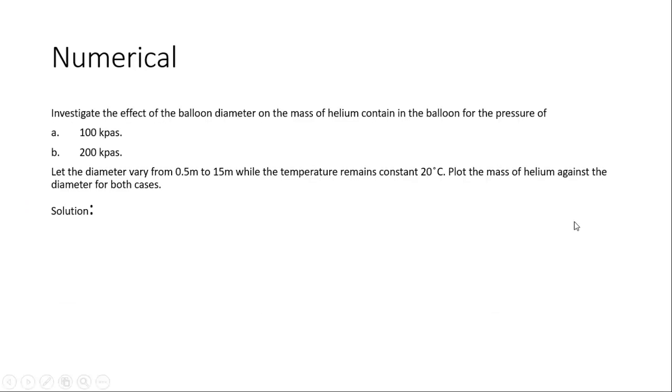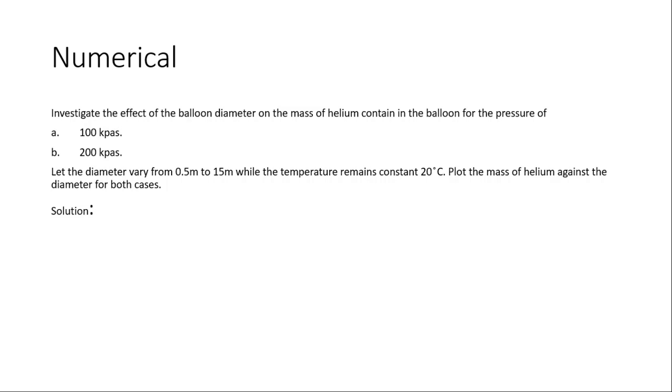Okay, some of the students have problems in this numerical, so I am demonstrating it. In this numerical, what you have to do is investigate the effect of balloon diameter on the mass of helium.